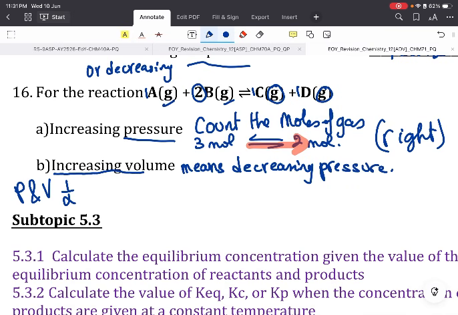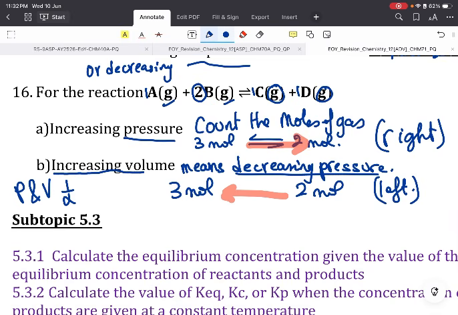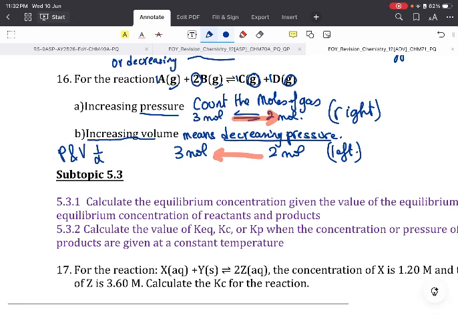So at this point, when the stress applied is less pressure, the equilibrium is going to shift in the backward direction, towards the more moles, towards the 3 moles and not the 2 moles, to increase this pressure back again, to release this stress. So our answer in this case is going to be to the left.